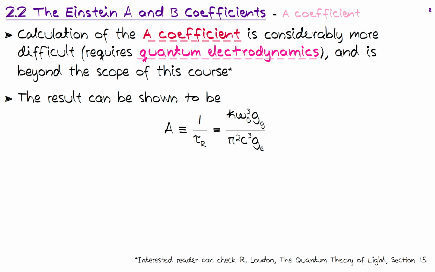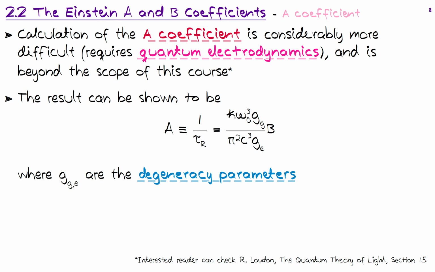Essentially these g parameters tell us about the possibility that we might have several different states within the same energy interval. And then we multiply this with the Einstein's B coefficient. So we see that the A and B coefficients are interrelated with this equation. If we can calculate the B coefficient, then we can calculate the A coefficient and so forth.